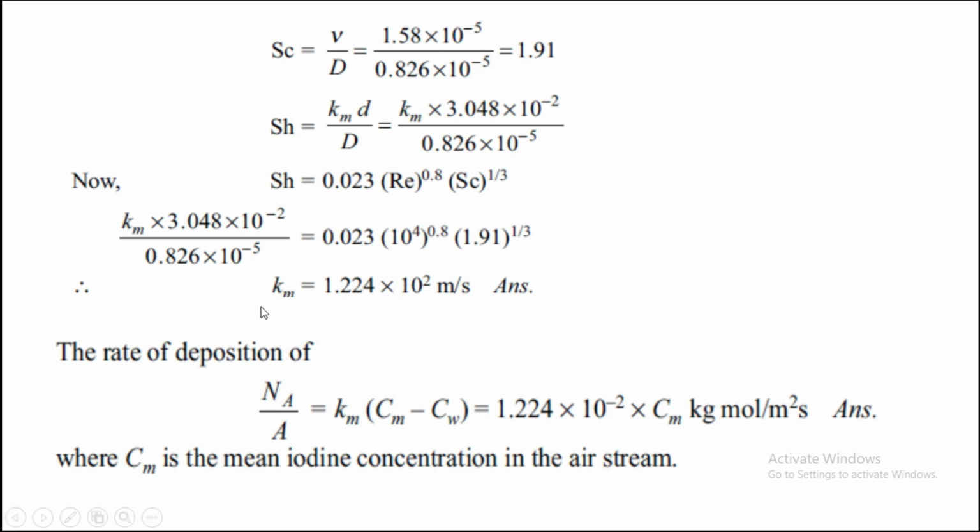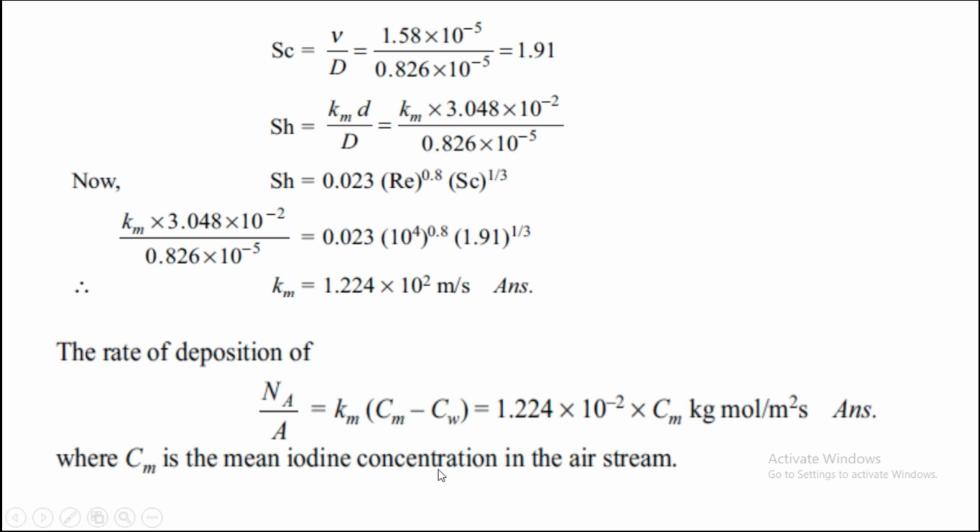After that, we have to find the rate of deposition. The formula is Na by A = Km × (Cm − Cw). Here we don't know the Cm value, and Cw is 0. Cm represents the mean iodine concentration of the air stream, which is not given, so keep it as it is. But Cw is the iodine concentration at the wall, and its value is 0.